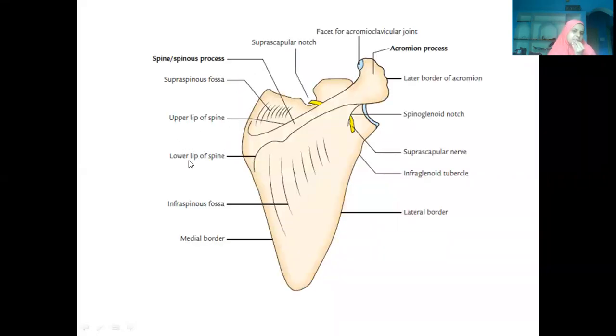Now, if you look at the bony components, this is the superior border. At the superior border, if you observe, there is a notch. The name of this notch is the suprascapular notch. This is the glenoid cavity and this is the spine of the scapula.